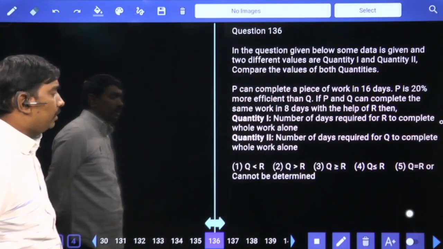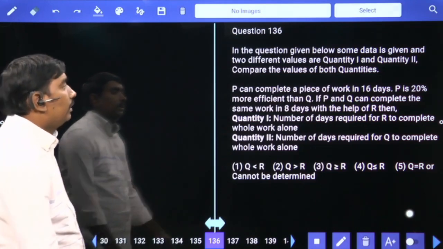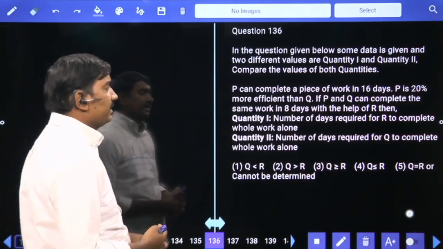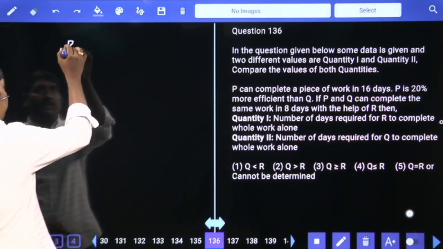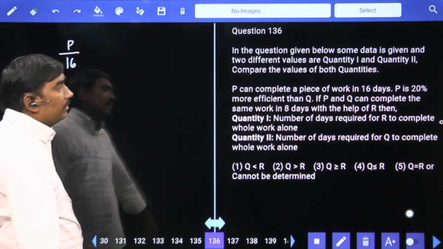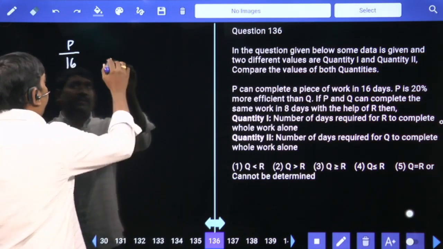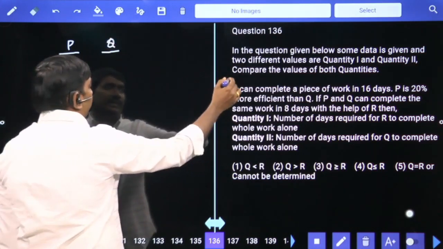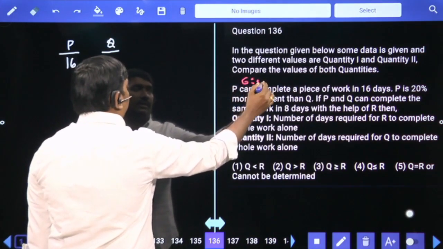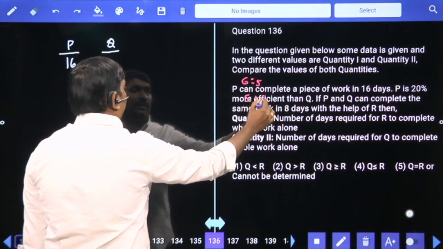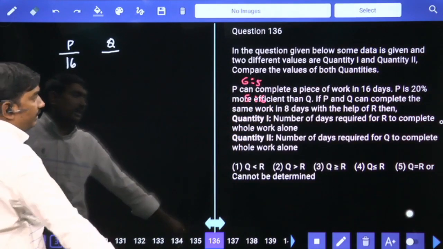Quantity 1, quantity 2 comparison. P can complete a piece of work in 16 days. P is 20% more efficient than Q. So efficiency ratio 6 is to 5, then time ratio 5 is to 6. P 5 parts value 16 days.